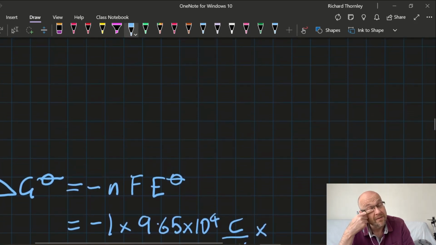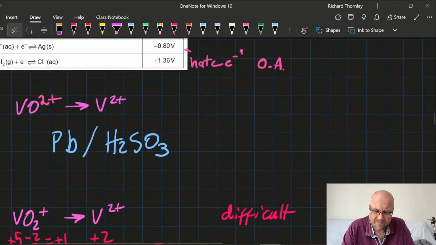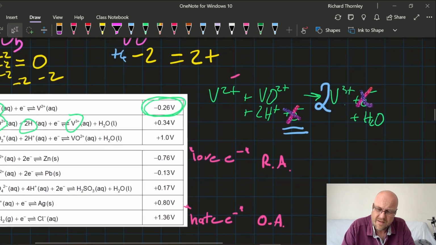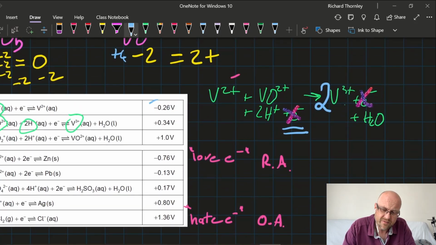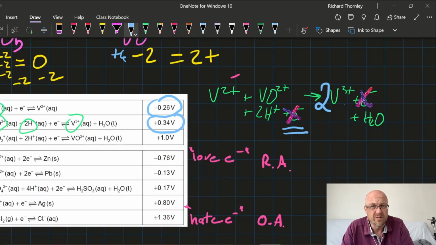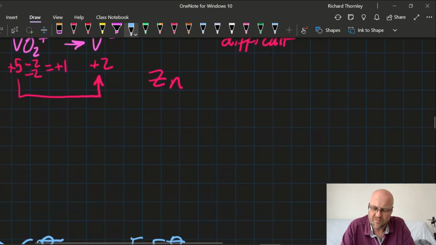So how do you work out the voltage of this battery? Well, teachers have different ways of doing it, but for me, I think find the difference, make it positive. Well, that's for a battery that works. If it's a non-spontaneous battery, find the difference, make it negative. So find the difference, make it positive, that's going to be plus 0.6 volts.